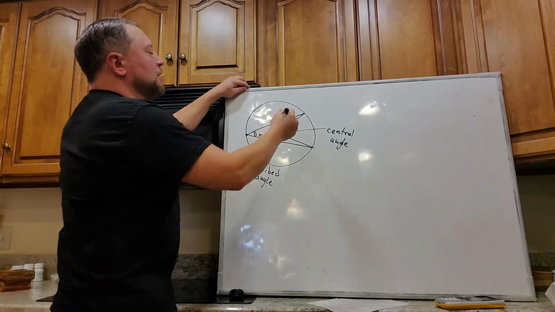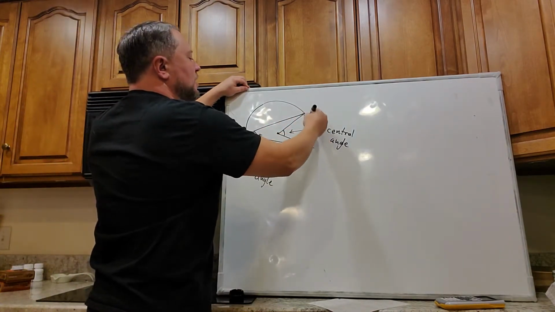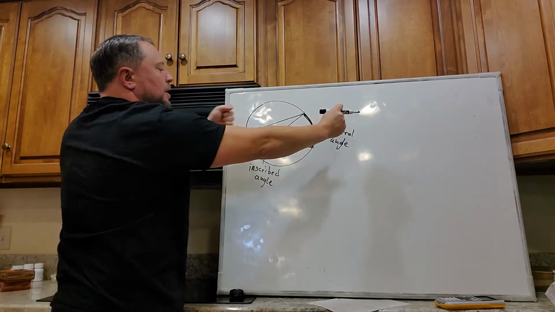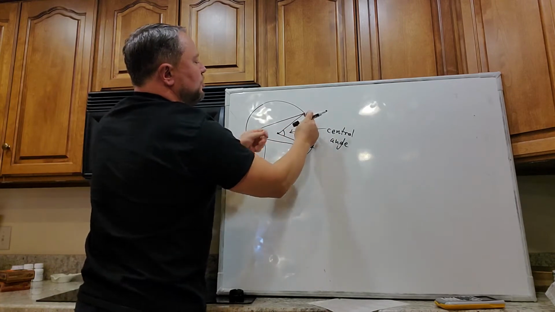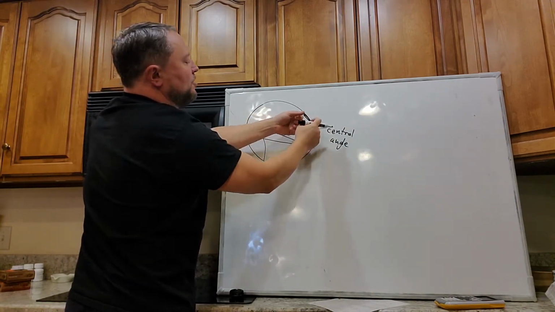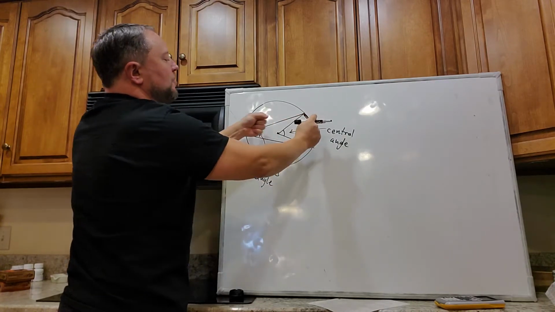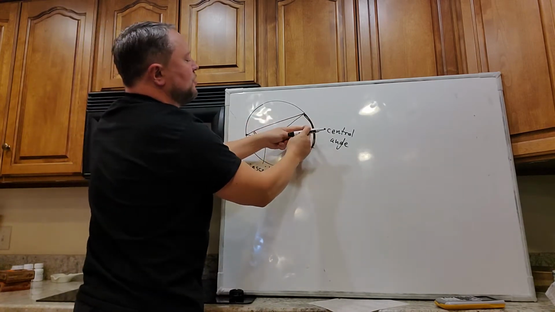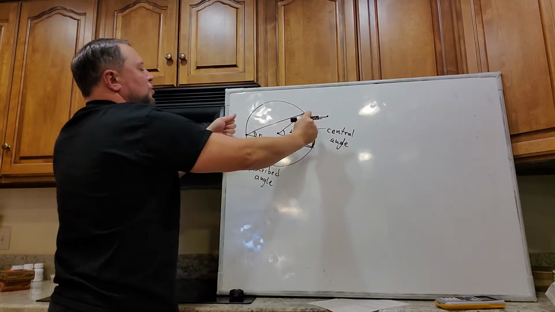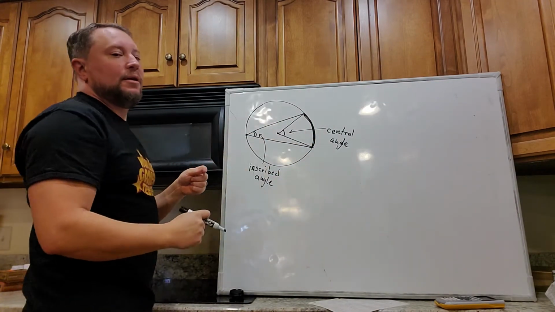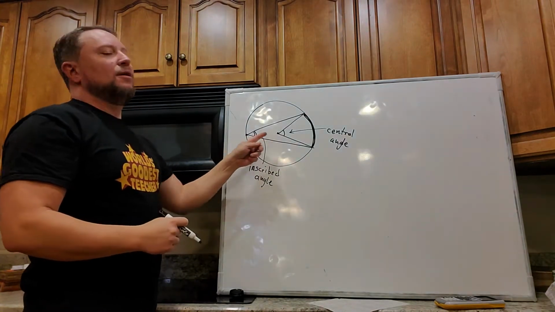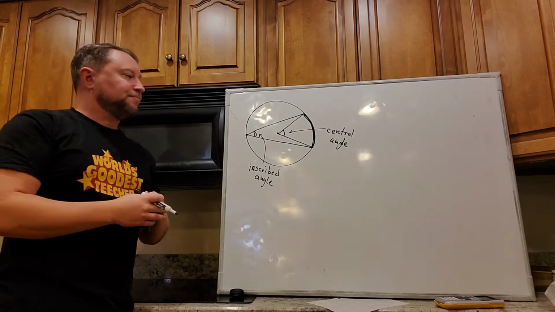Now if you think of this arc out here kind of like a bow, when you pull back on a bow and arrow, the string of the bow is going to form that angle there. If you compare the central angle, which only draws the bow back to the center, versus pulling all the way back to here, you might be able to figure out that the two angles are not going to be the same.